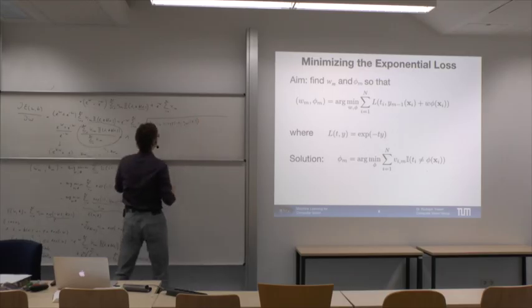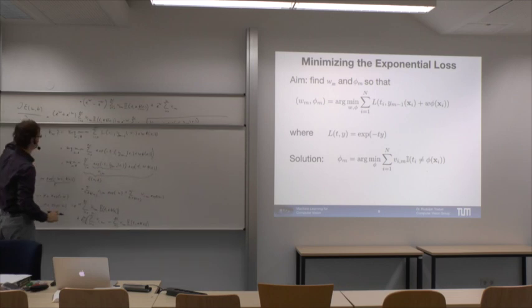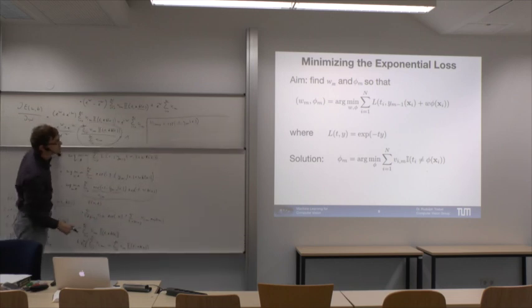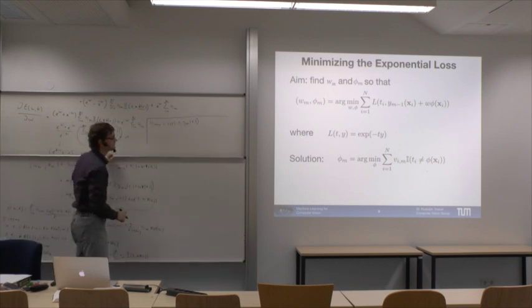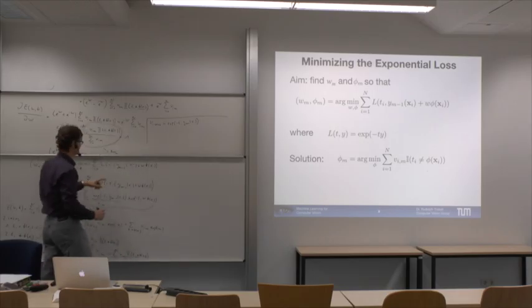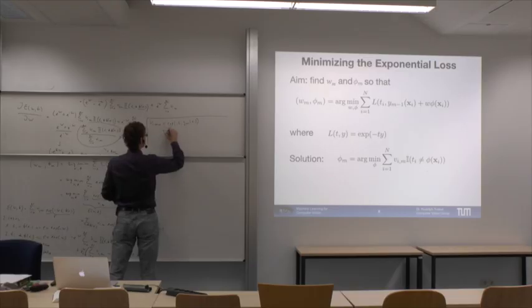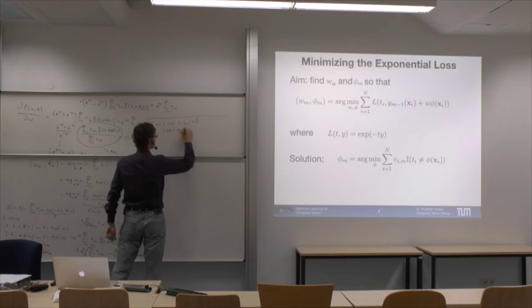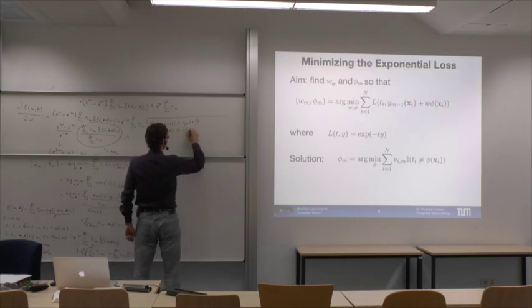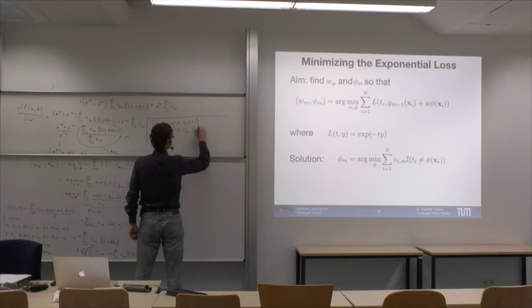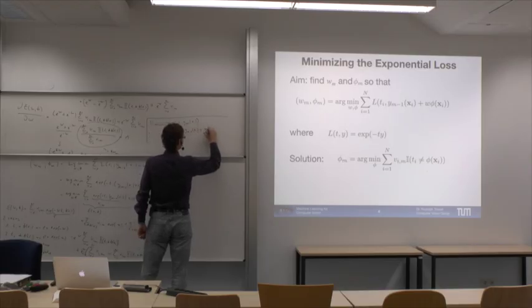All right. Now we plug in the definition of y_m. y_m is simply the exponential of minus t_i times y_(m-1) of x_i plus w_m phi_m of x_i.